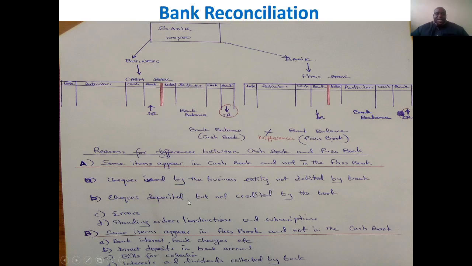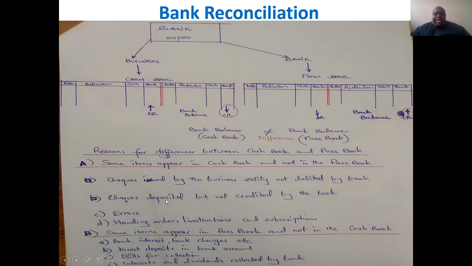Checks deposited but not credited by the bank. When the business receives a check from debtors, it will deposit that check to the bank so that it is cleared and our account reflects an additional amount of money in line with the face value of that check. Because if the bank receives that money, it will credit our account.